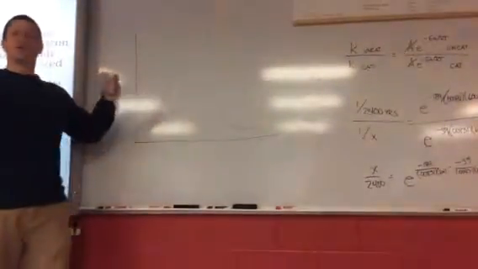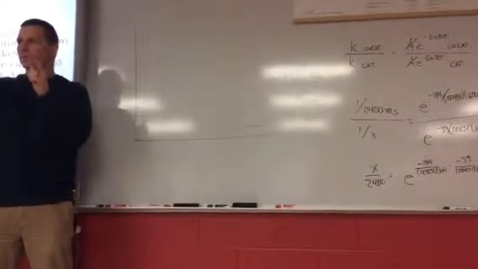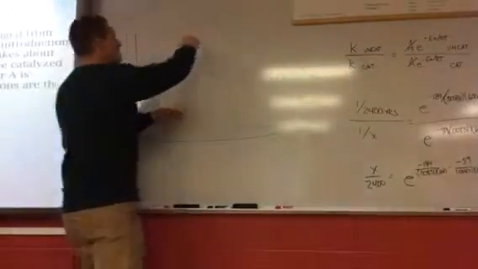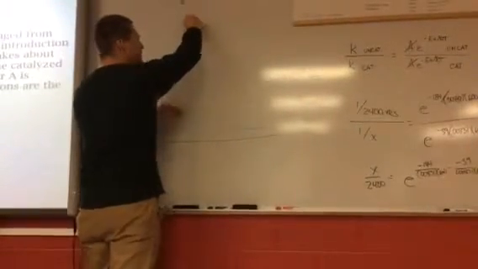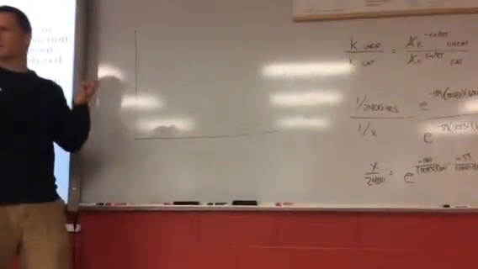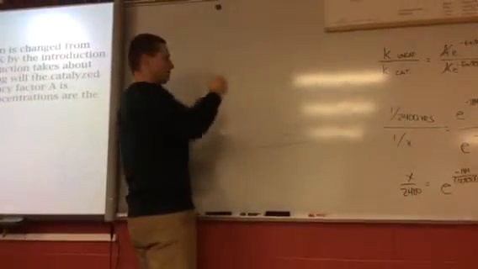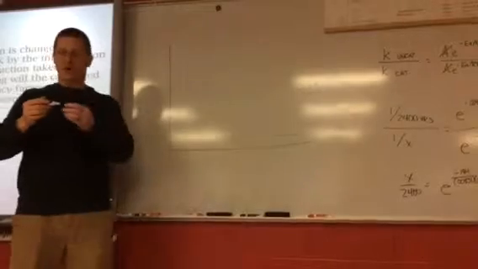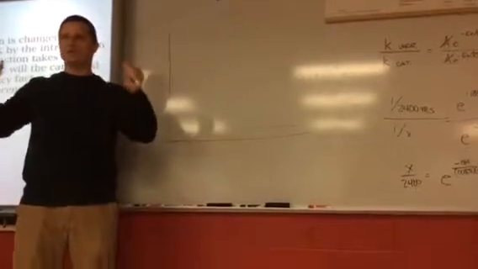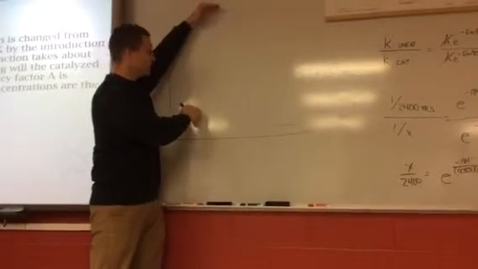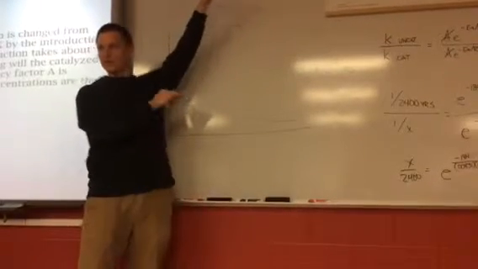Here are the reactants, at a certain temperature. They're moving around. Only the reactants that run into each other with that much energy are going to make products. How likely is it that the reactants that have that much energy are going to run into each other? Not likely. So it takes so long because it's only a very rare occurrence that the reactants are going to hit each other with 184 kilojoules of energy.